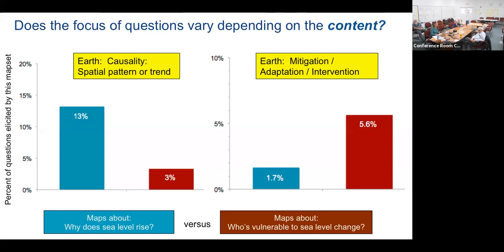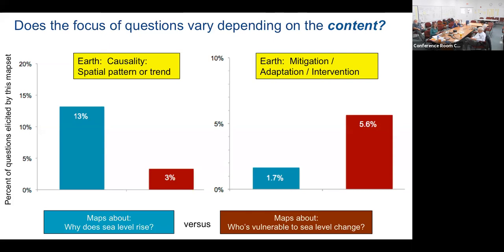Oh, I forgot to mention when I had the alluvial diagram up showing how many questions we got in each data type. We didn't really get very many questions about mitigation, adaptation, intervention, and that was kind of disappointing, especially since we had an entire map set about who's vulnerable to sea level change.